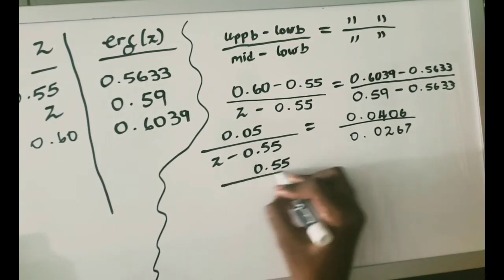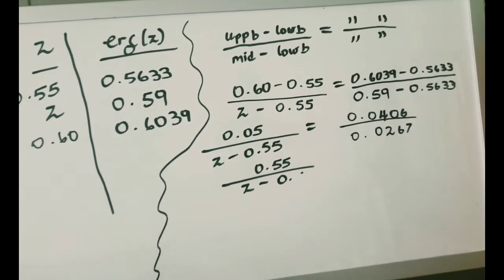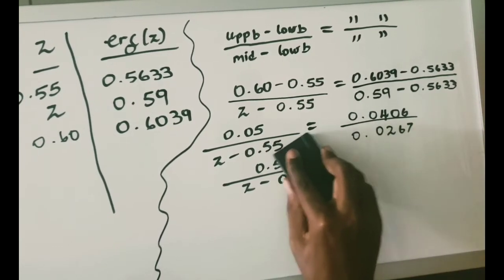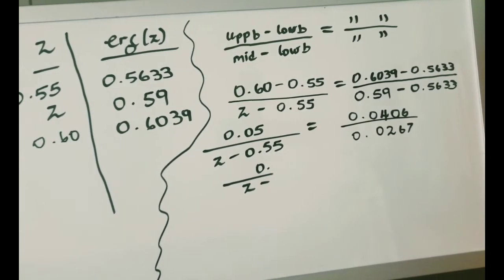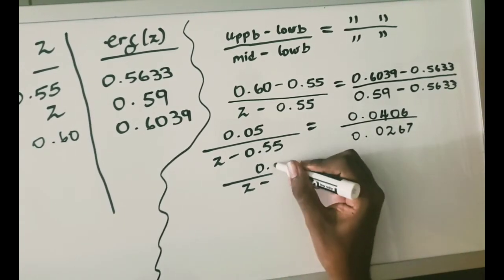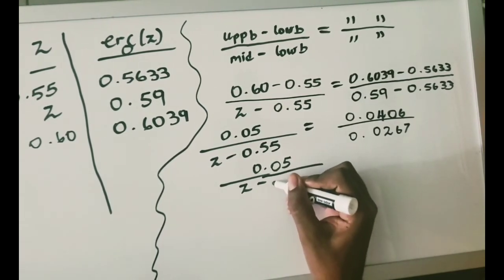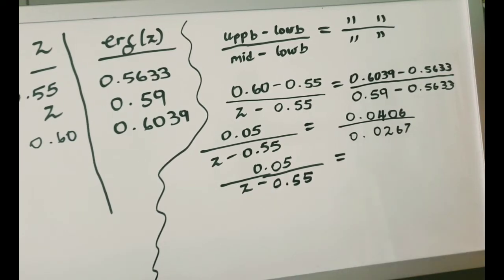0.05 over z minus 0.55. Let me just make that correction quickly: 0.05 over z minus 0.55, and then we're going to work out what we have on the right side.